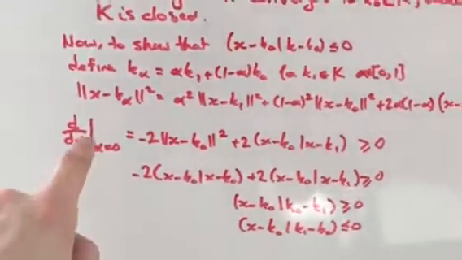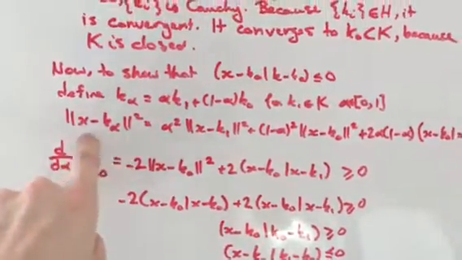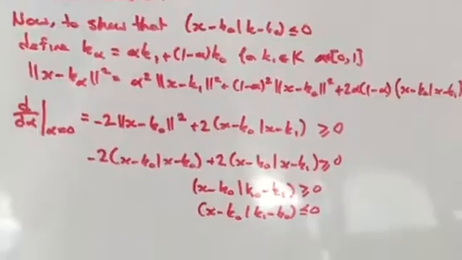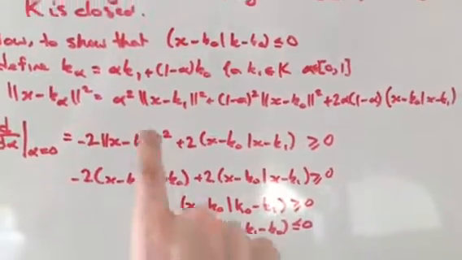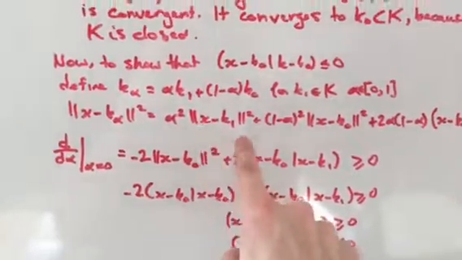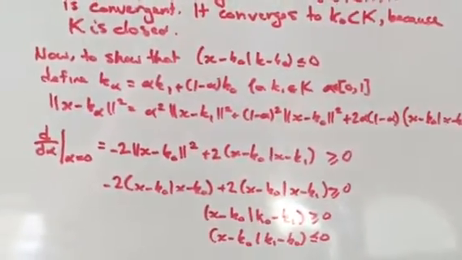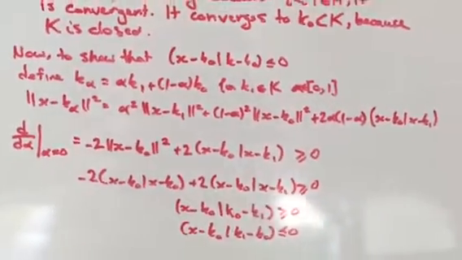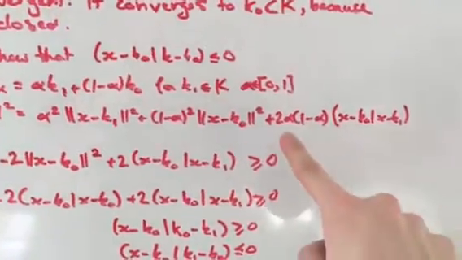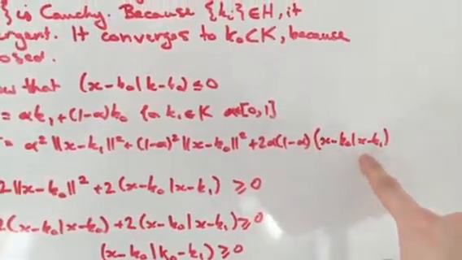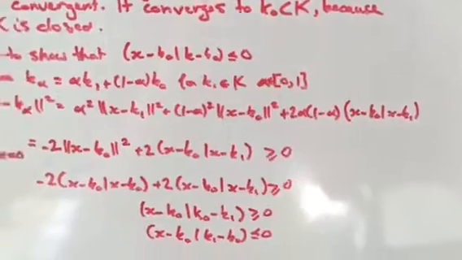And then I look to see what is the squared distance between x and this k sub alpha. If I rewrite things and use the inner product and FOIL things out, what I end up getting is that this is equal to alpha squared times the distance squared between x and k sub 1, plus 1 minus alpha squared times the distance squared between x and k0, and then I have this term here, which is 2 times alpha times 1 minus alpha times the inner product of x minus k0 and x minus k sub 1.